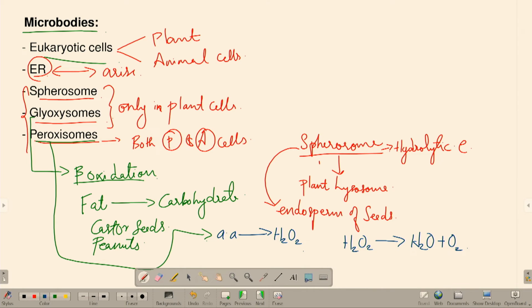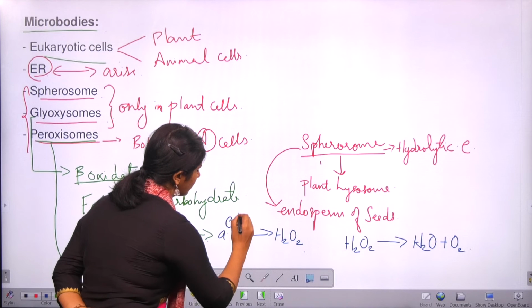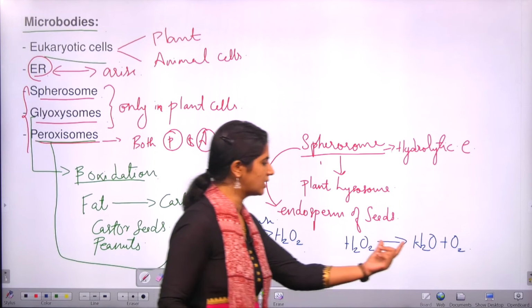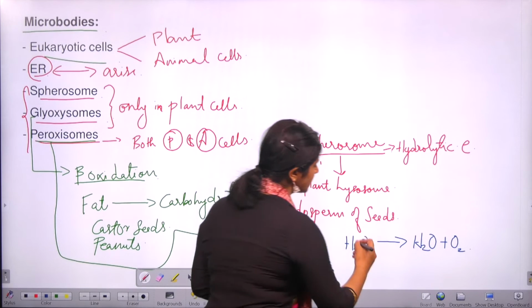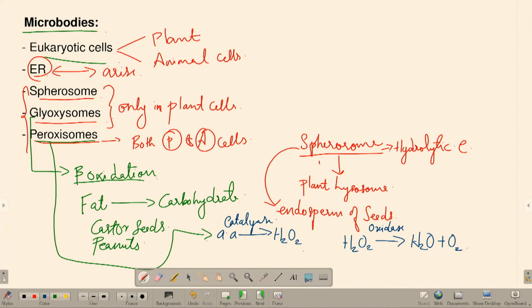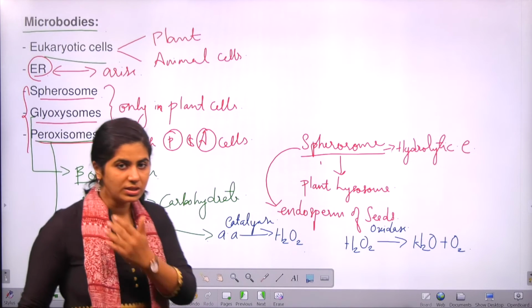When amino acid is converted to H2O2, the enzyme is called catalase. And when H2O2, or hydrogen peroxide, is converted to water and oxygen, here the enzyme is oxidase, or we can call it peroxidase. So now we know the function of all the three microbodies.